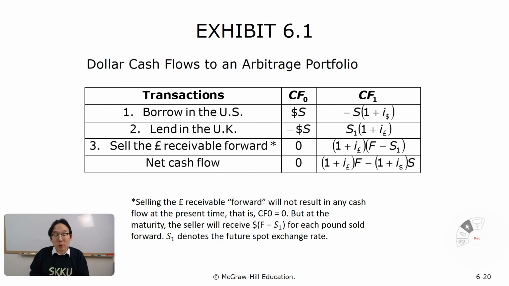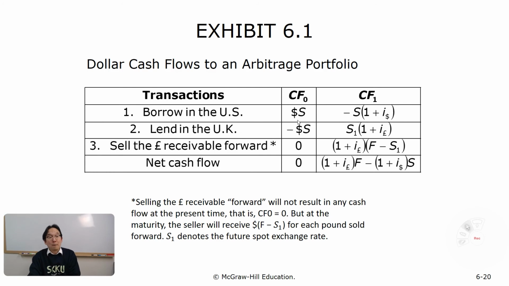And then with that cash, you convert it later into British pounds. Borrowing in US dollars, let's say that's S dollars, and then the cash flow in day 1 will be minus S times (1 plus I dollars), the interest rate in dollars.